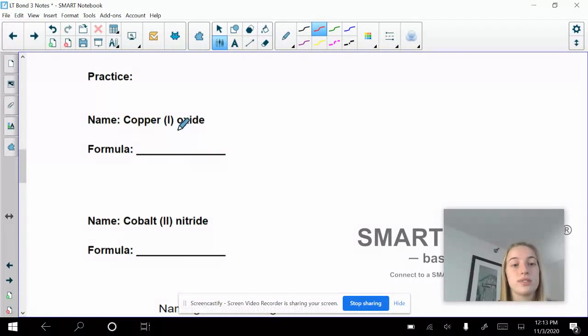All right, so copper 1 oxide. First thing I want to do, I want to write out my abbreviations, my chemical symbols, Cu and O. Next thing I want to do, I'm going to use my charge here. My Roman numeral is my charge, so copper has a +1 charge.